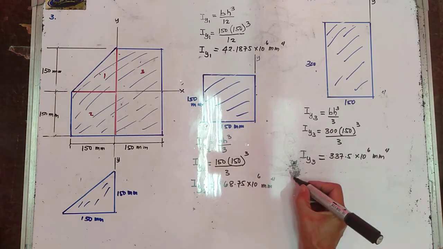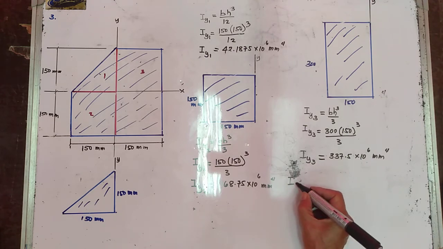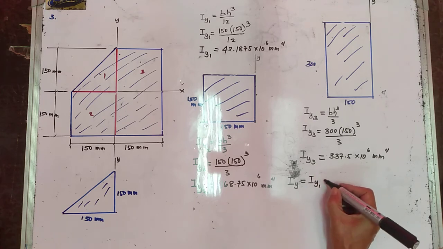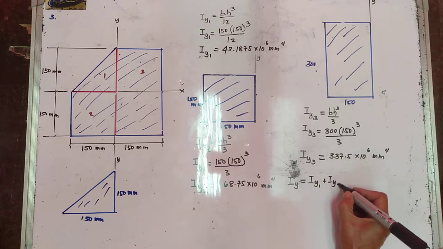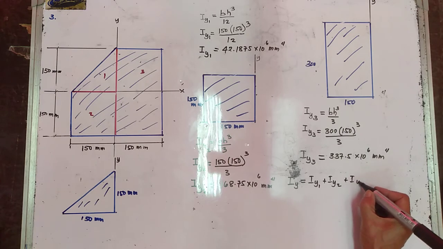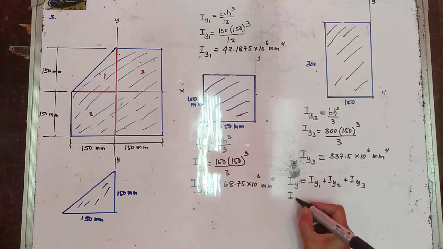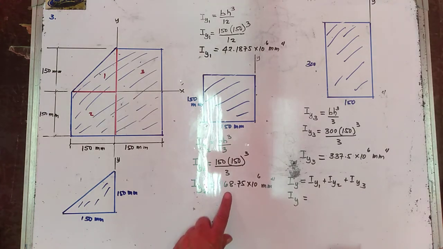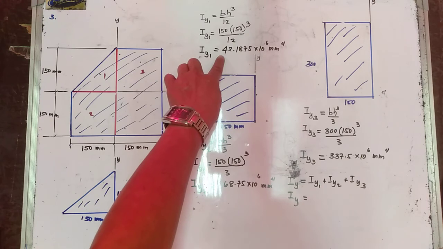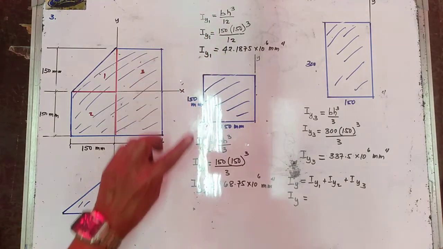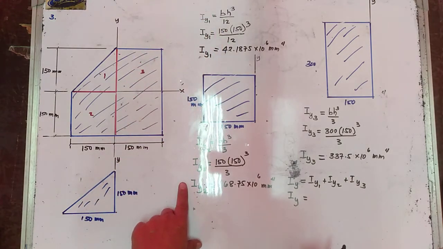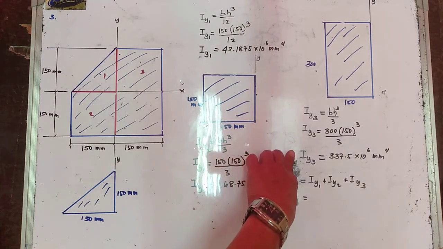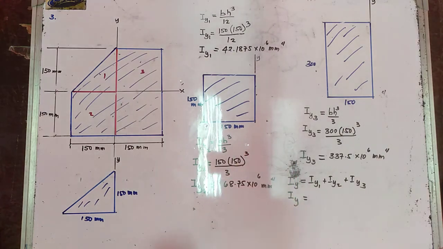And the total moment of inertia about the y-axis is equal to Iy1 plus Iy2 plus Iy3. So the moment of inertia is now equal to Iy1, 42.1875 times 10 to the 6, plus Iy2, 168.75 times 10 to the 6, plus Iy3, 337.5 times 10 to the 6.